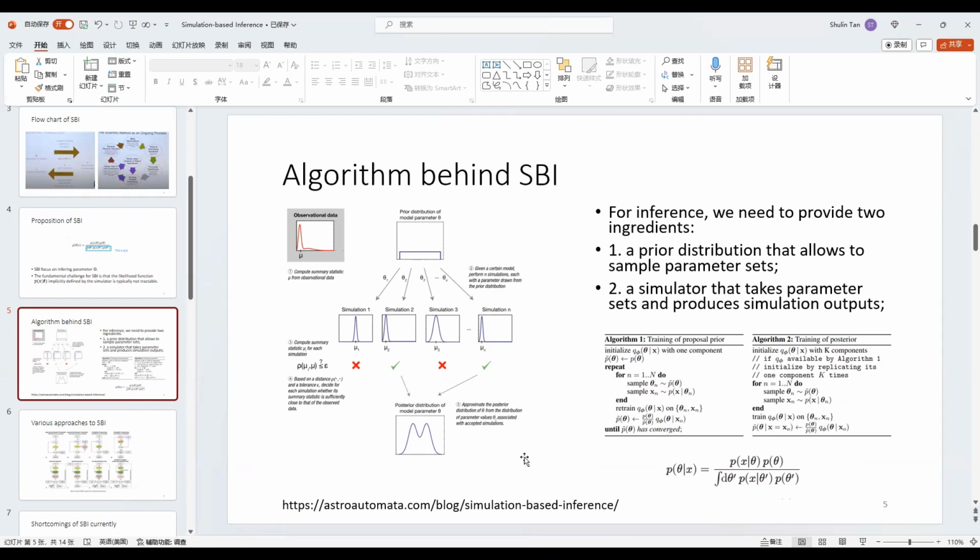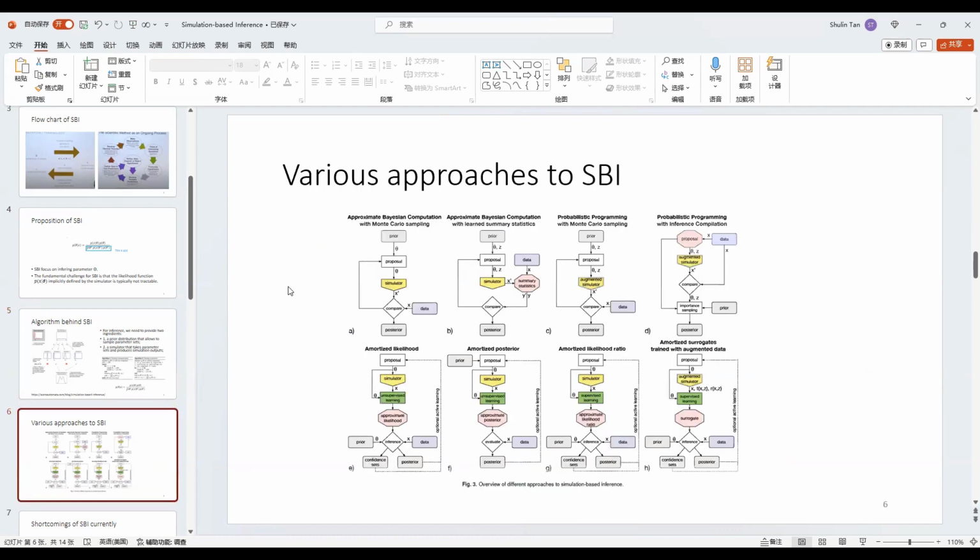There are various ways to do this process. One of the easiest ways is of course Monte Carlo, where you take samples from your observation.